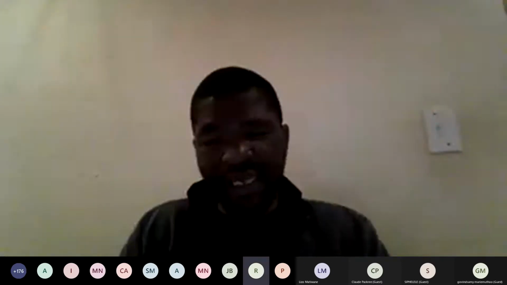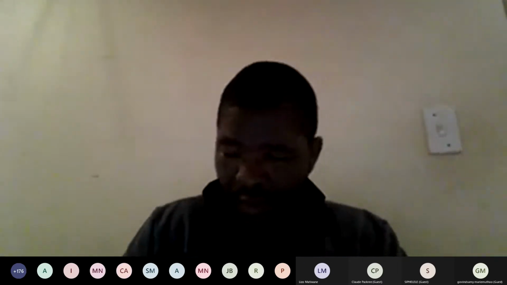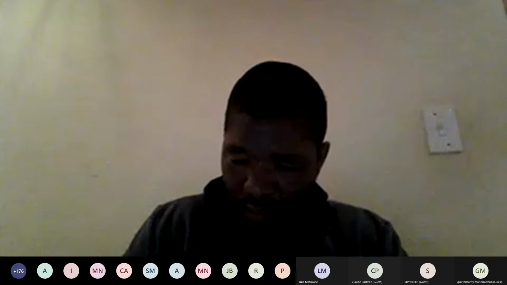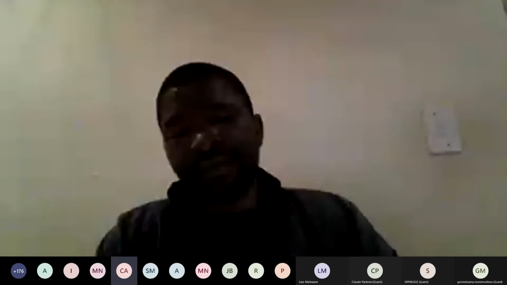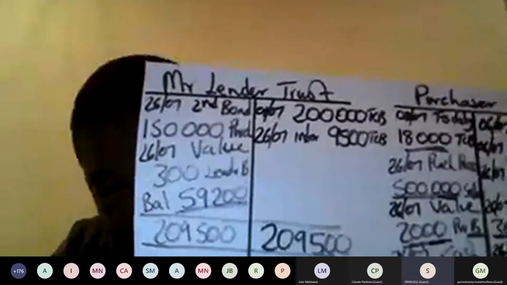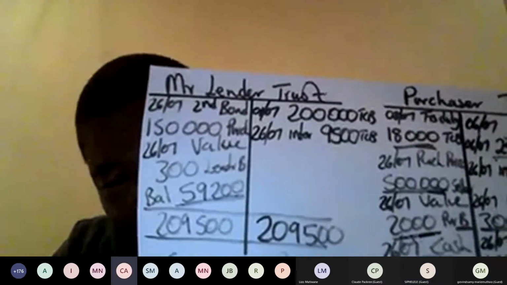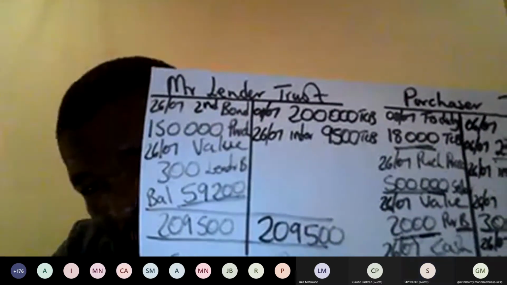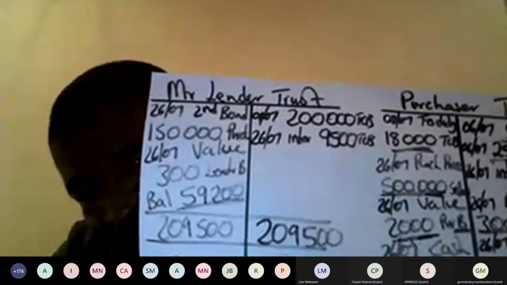Now let's quickly balance our trust cash book. I'm saying on the lender's trust here, that 59,200, just write it as a balance. We are not paying him. We are just writing it as a balance.